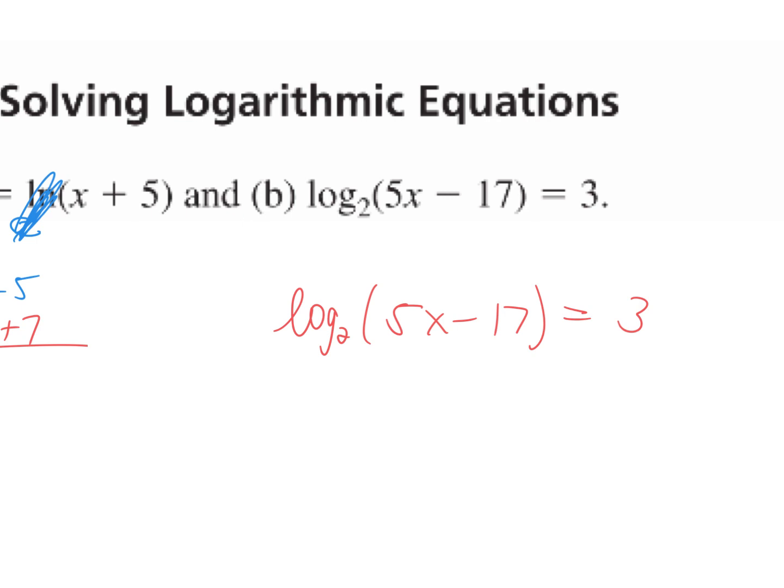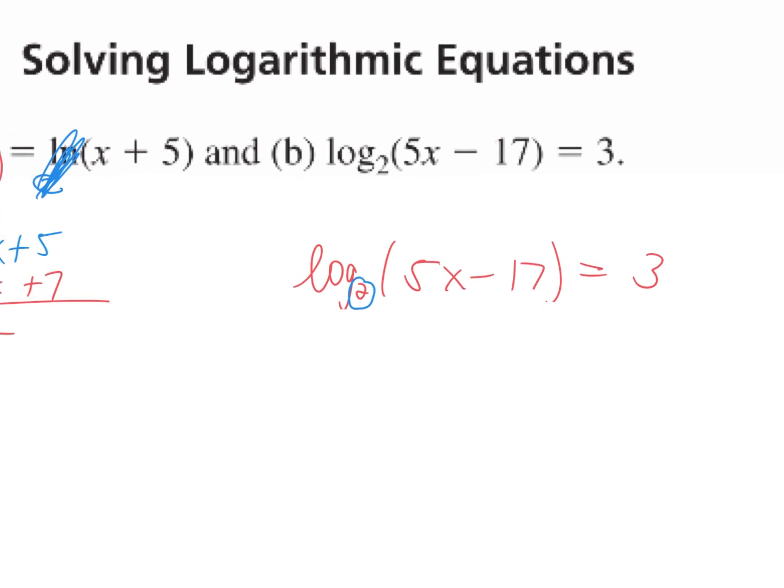Exponential, okay? So I'm going to change this into an exponential equation. What is my big base going to become? 2. Why is it going to be a 2? Because that's what the little number is. You want it to cancel out. So in a sense, you're going to write a big 2. I always exaggerate it. And then in the exponent goes log base 2 of 5x minus 17.